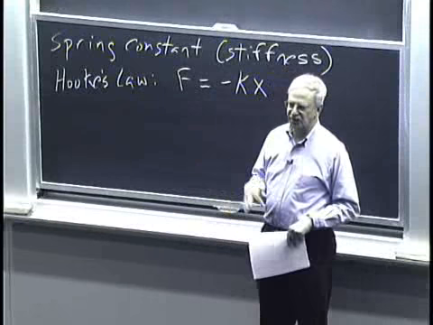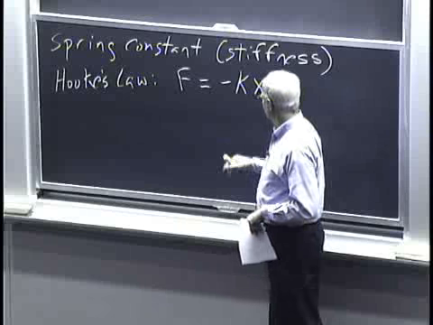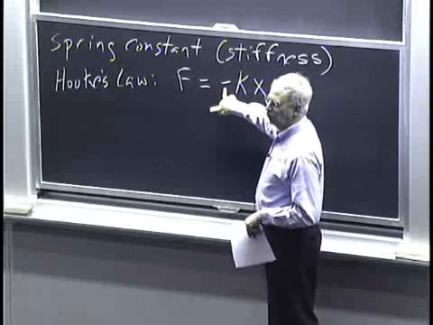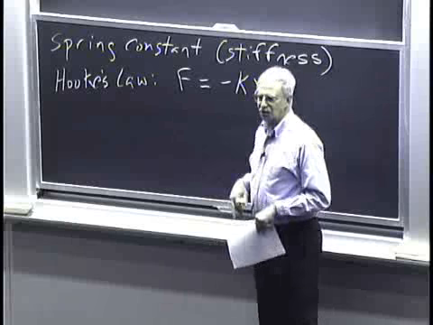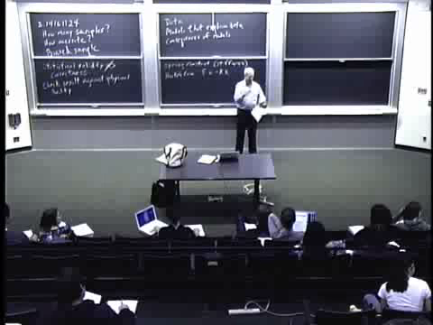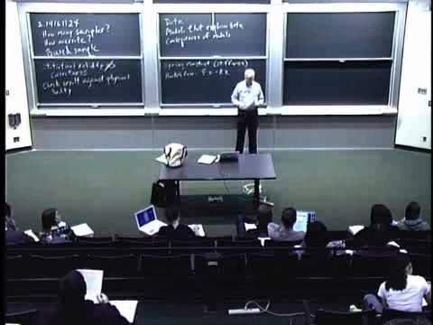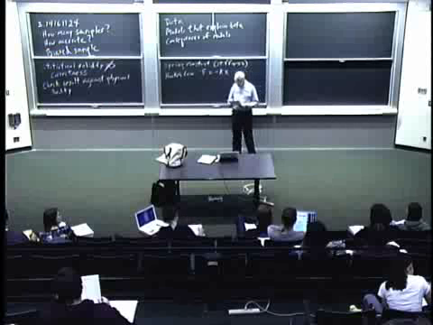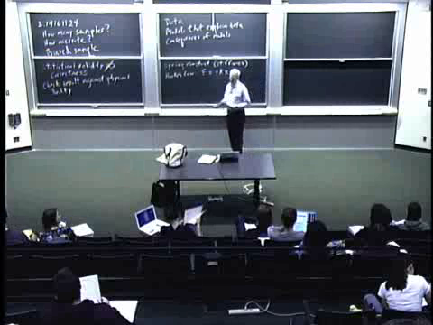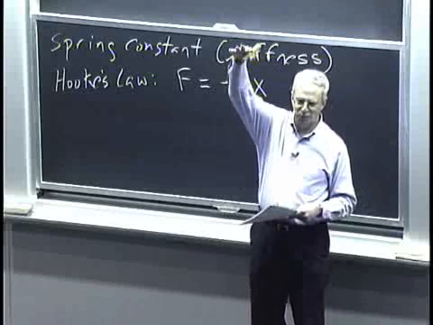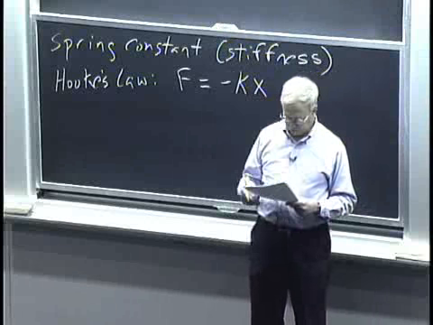Force, the amount of force exerted by a spring, is equal to minus some constant times the distance you have compressed the spring. It's minus because the force is exerted in an opposite direction. It's trying to spring up.